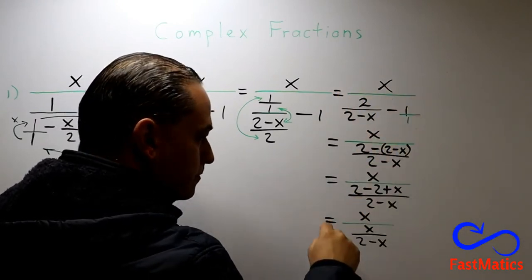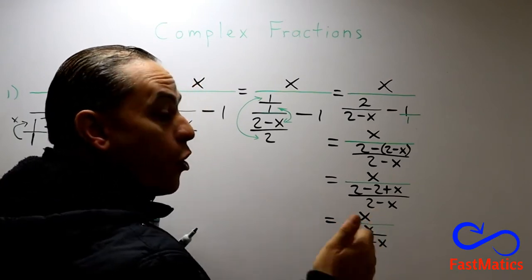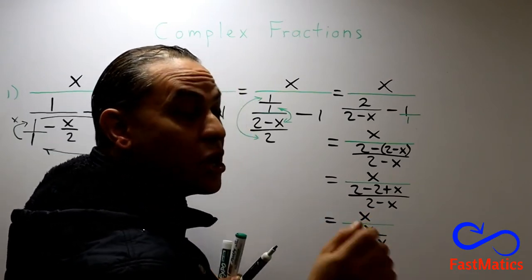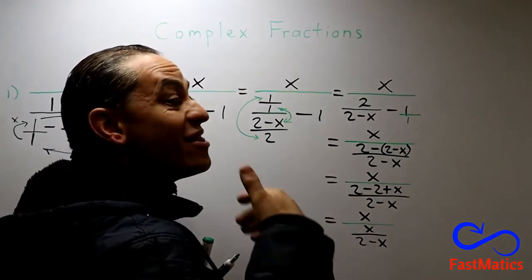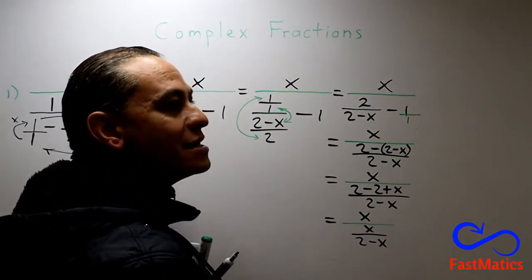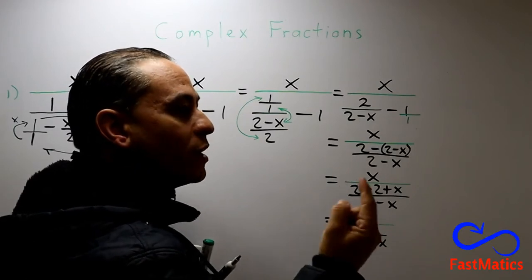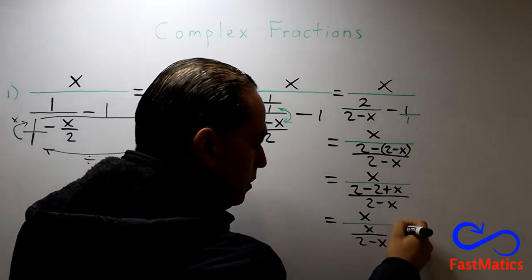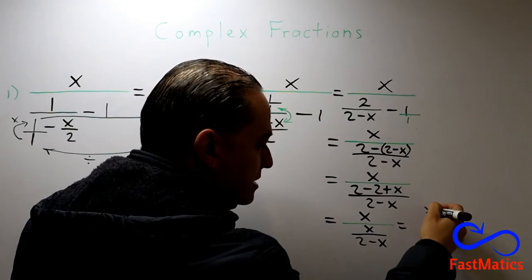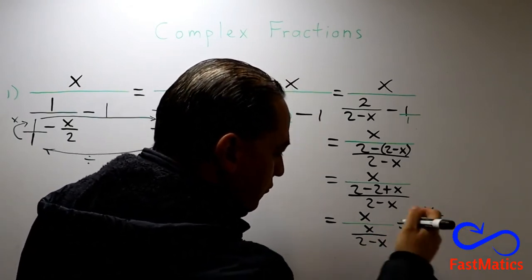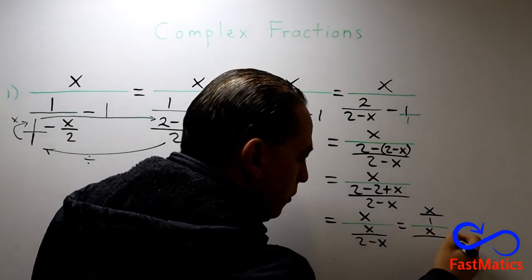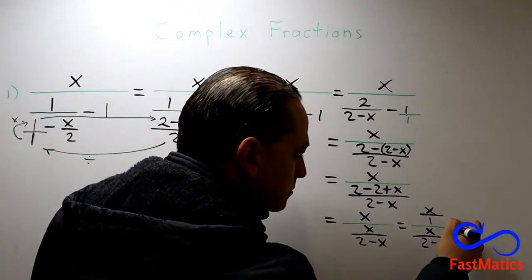So here I always need a denominator, not a numerator. This is a numerator, but I need to add a denominator. And always I need to add the number 1. So we write x over 1 over the fraction that is already complete.